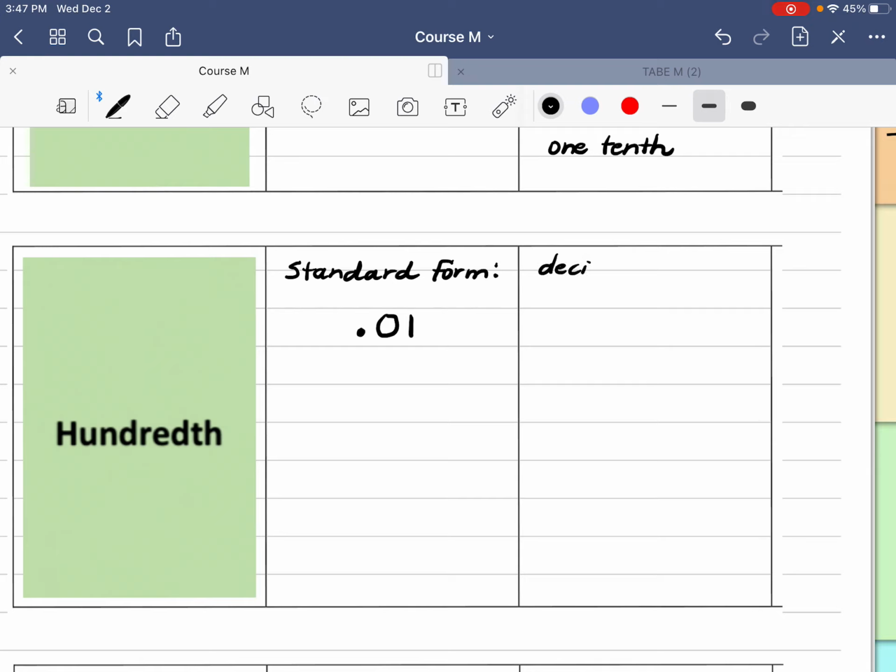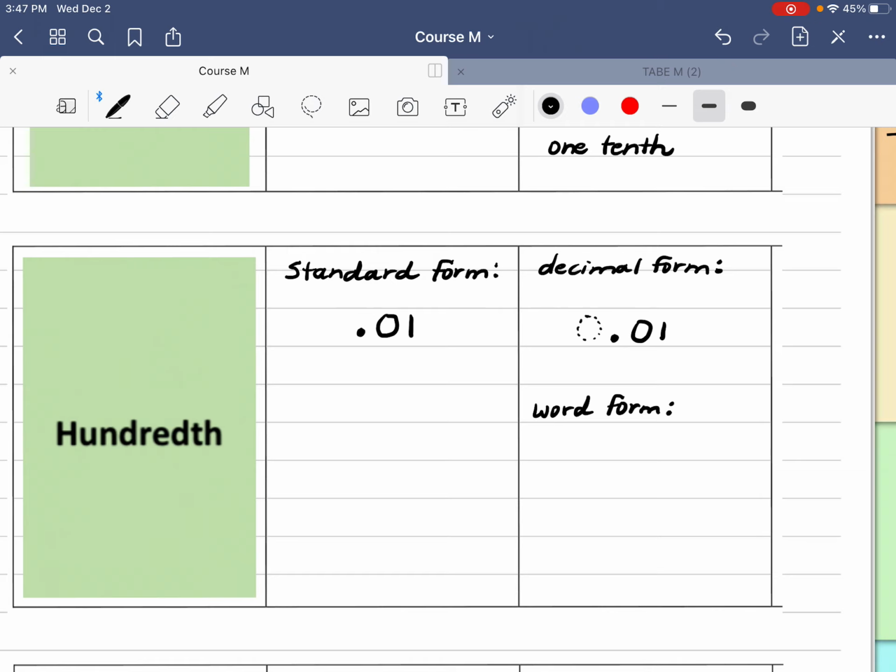If you want to write it in decimal form, this is where we add those extra zeros if we need them or want them. So that would be out front in the ones place. Hundredth, TH, is 2 decimal places. Let's get word form, and then fraction form will be much easier to write.